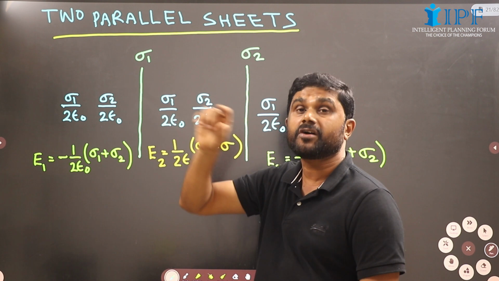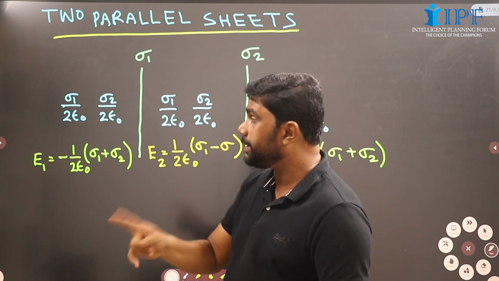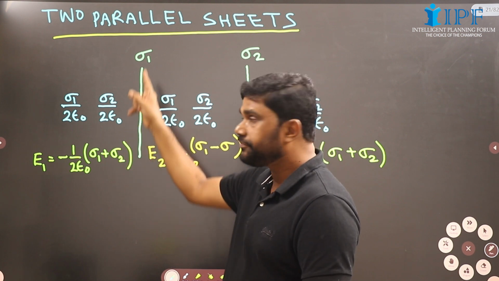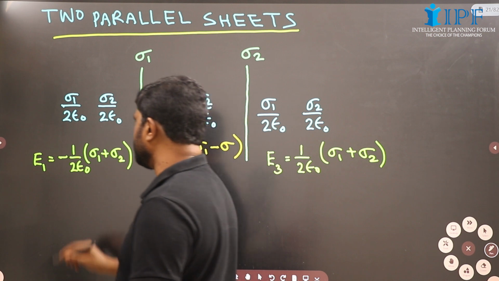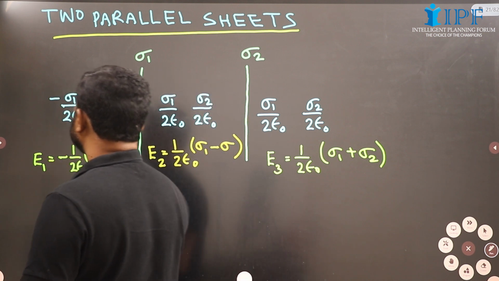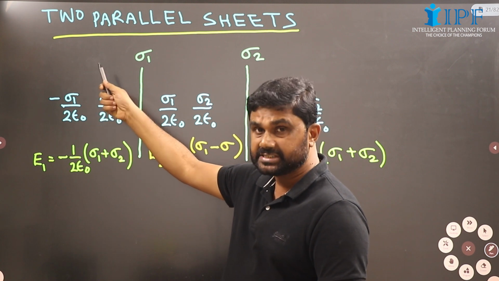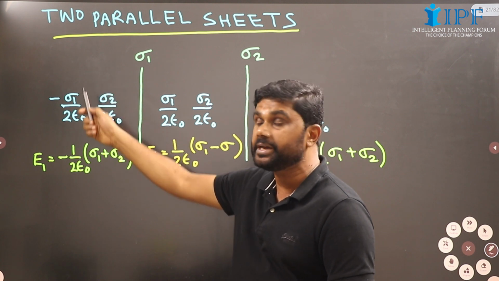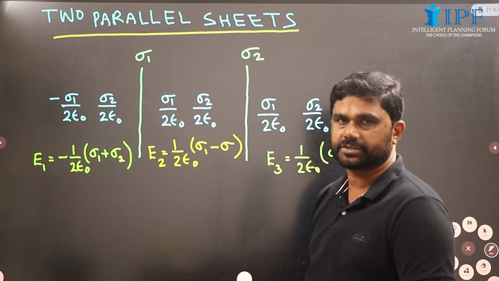If we keep a positive test charge here, it will be repelled by this plate, so the field due to this plate will be towards left. Let me take it negative. And the positive test charge kept at this position will be repelled by this plate also, because this also carries a positive charge.